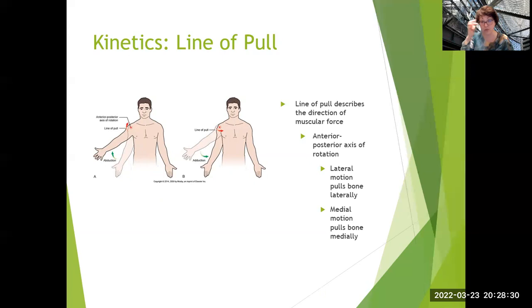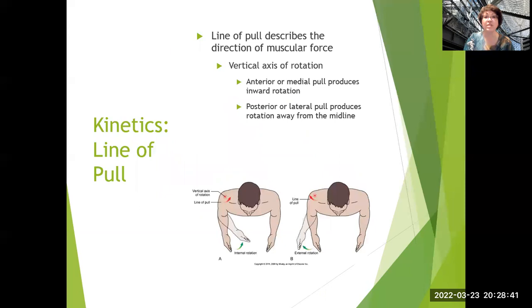So knowing where the muscle is in relationship to the joint, where the line of pull is, tells you what motion the muscle is going to generate. Same thing with the vertical axis of rotation. An anterior or medial pull produces inward rotation or medial rotation, and a posterior or lateral pull produces rotation away from the midline, or external rotation.